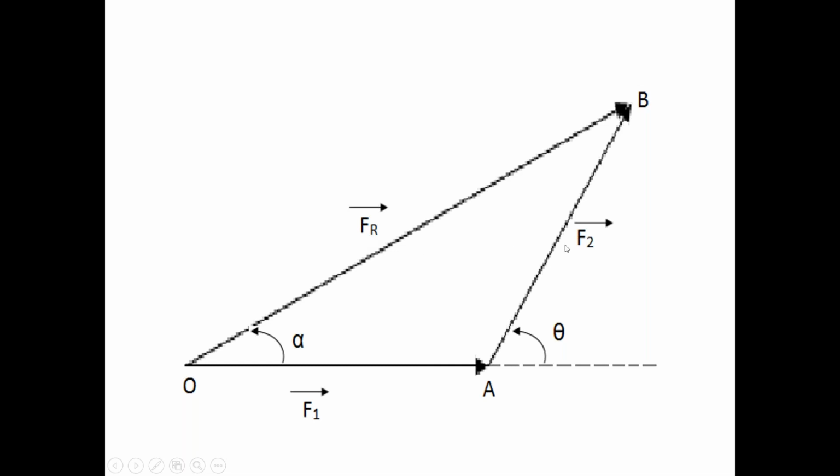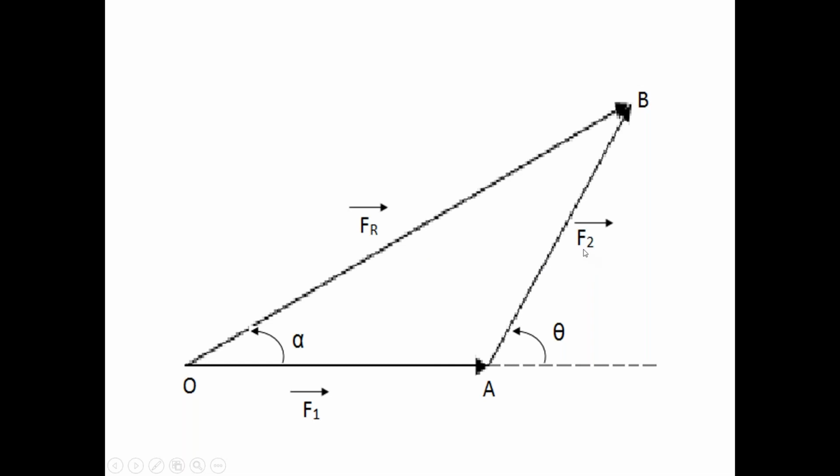Apply the cosine rule. AB square is equal to OA square plus OB square minus 2 into OA into OB into cos alpha. AB square is F2 square, OA square is F1 square, OB square is FR square.